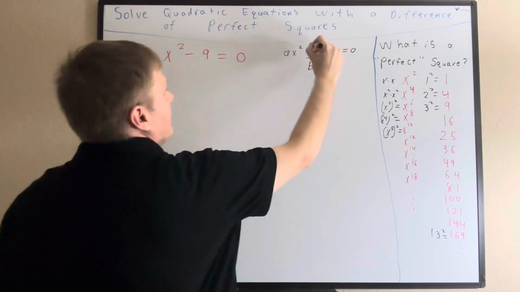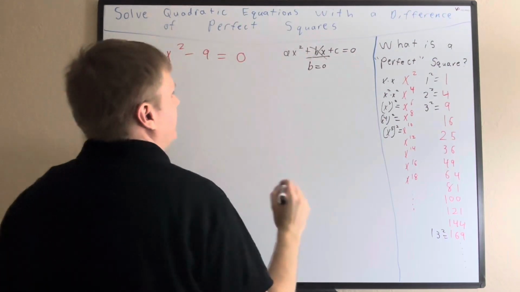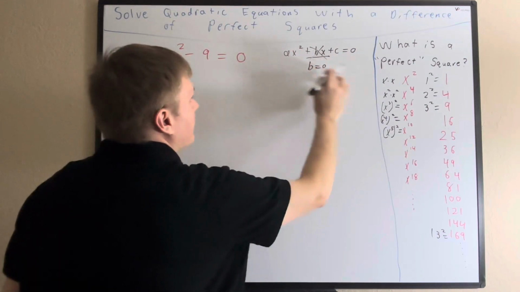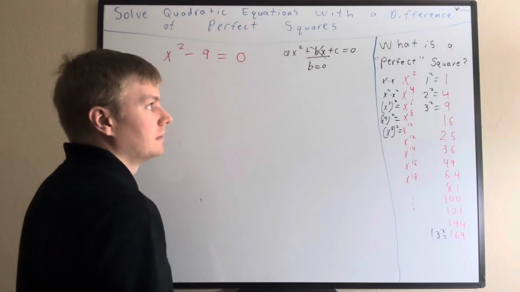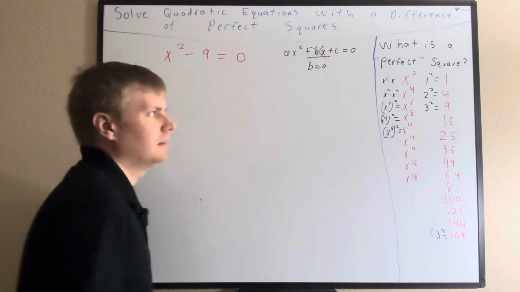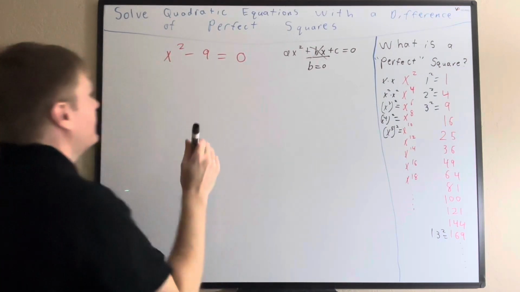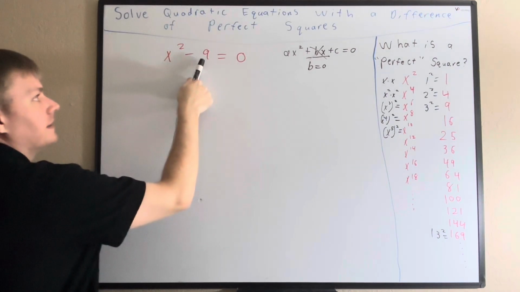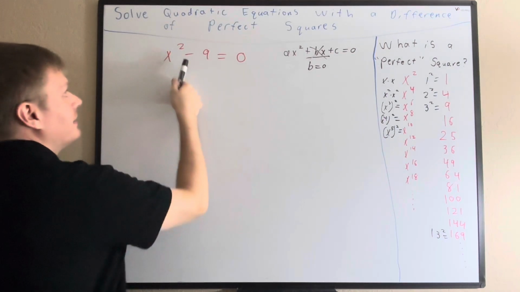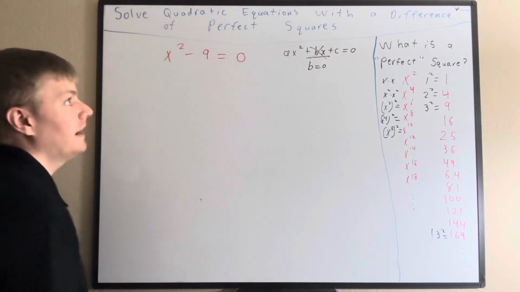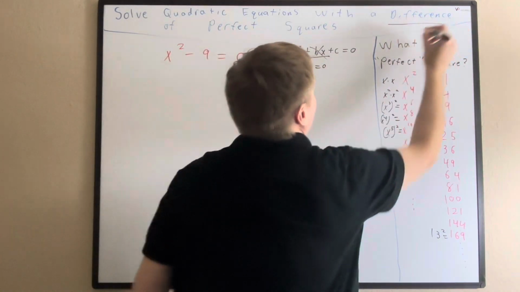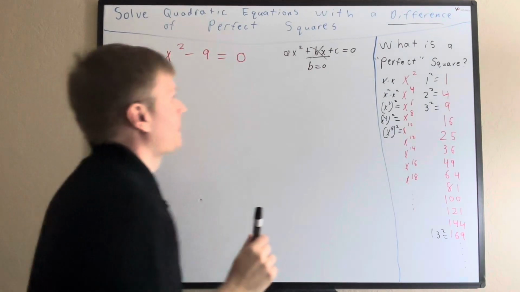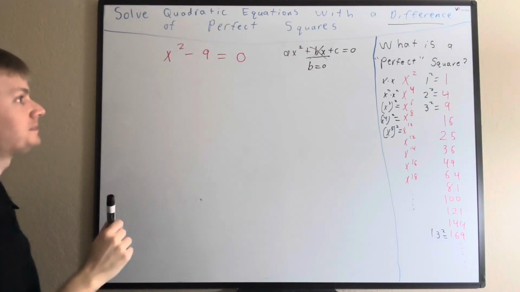So it's just ax squared plus c, where c and ax squared are perfect squares. I'm like, wait a minute, both of them have to be perfect squares? Yes. The first number and the second number have to be perfect squares, and it has to be subtraction. It's very specific circumstances we're talking about here.